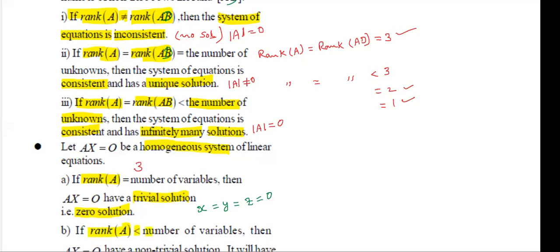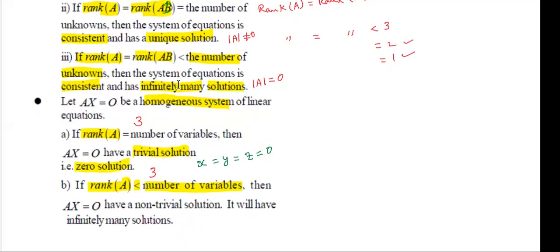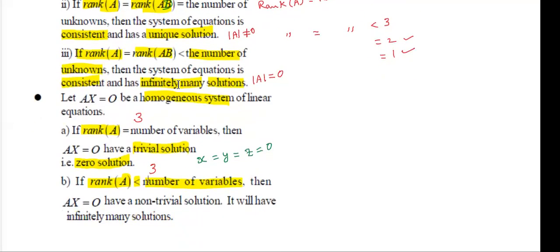Rank of A less than the number of variables. Here there are 3 variables now. They are saying less than 3. Rank of A less than 3 means the rank of A value is either 2 or 1, and the system has non-trivial solutions.